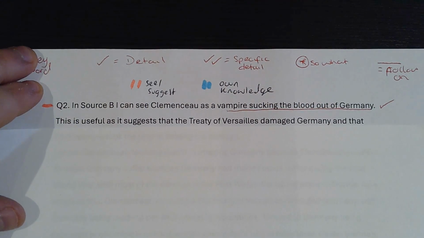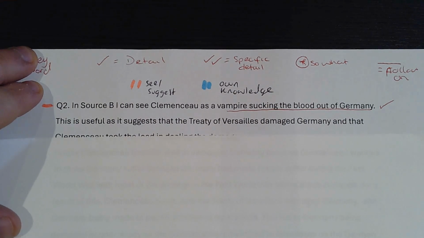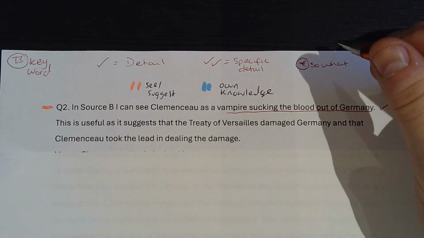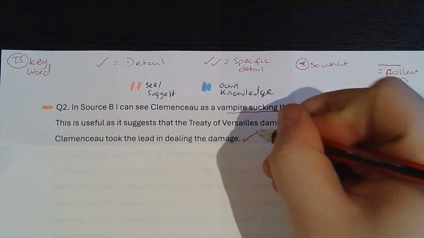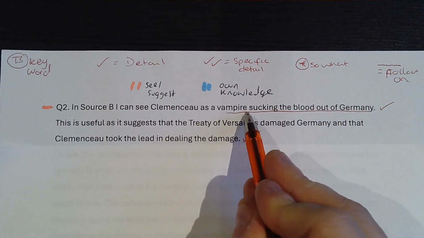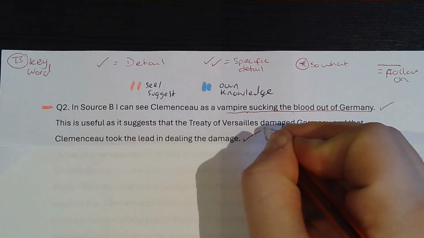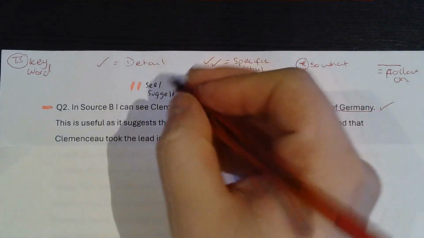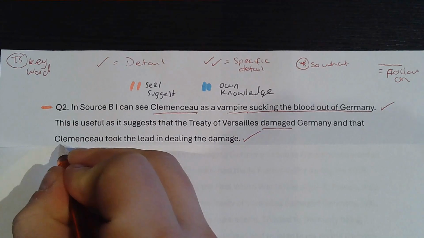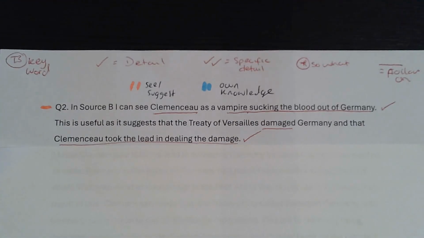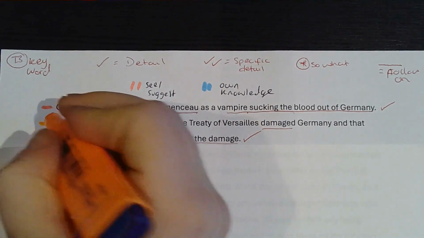So this is useful. It suggests the Treaty of Versailles damaged Germany, which it did, and that Clemenceau took the lead in damaging Germany. So the vampire sucking the blood out of Germany tells us that it was damaged, and the fact that Clemenceau's there tells us that Clemenceau took the lead in dealing with the damage. So this is what it suggests.